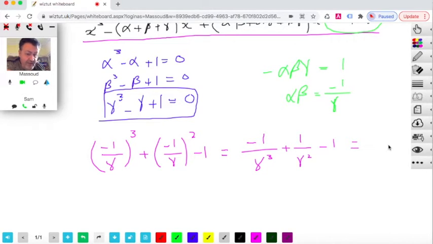From this, I'm going to factorize a minus 1 over gamma cubed out of it. If I factorize the minus 1 over gamma cubed out of the first term, it will leave us a 1, because I'm taking the same factor out of itself. When I factorize a minus 1 over gamma cubed out of the second one, it will leave me with a gamma.